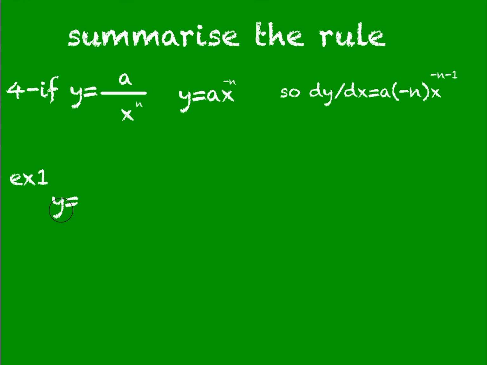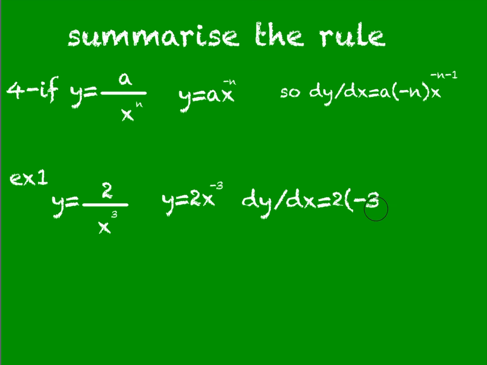Let's do the example. y equals, for example, 2 divided by x cubed. What do I need to do? I will take it up. How? y equals 2 times x to the power of negative 3. Then, same rule, dy over dx, 2 is 2, negative 3 comes in front of the x, and negative 3, take away 1.